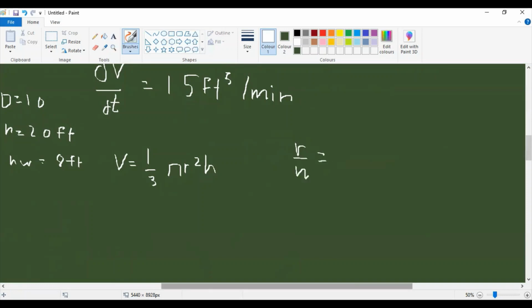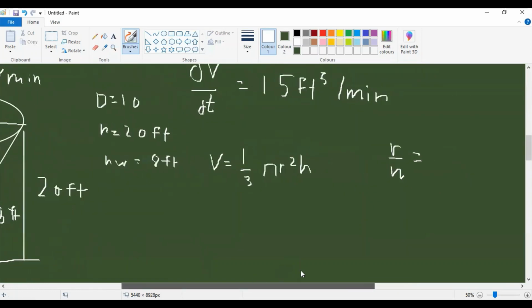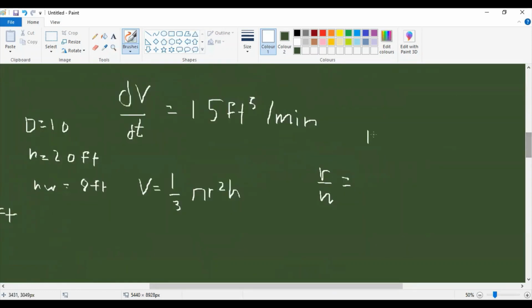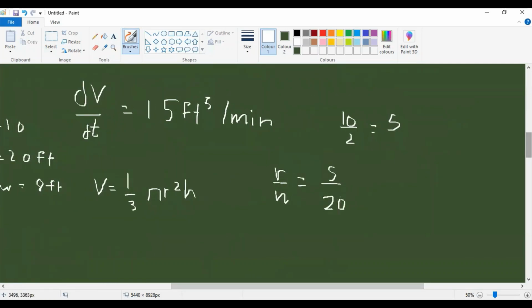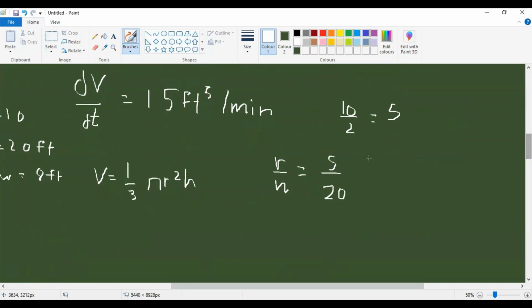Since we have a given diameter, we divide the diameter, which is 10, and we will have a radius of 5. So we have 5 over the height of 20. Then we find r, so we will have r equals 1/4 h. We simplify this one right here, which will become 1/4 times the h.